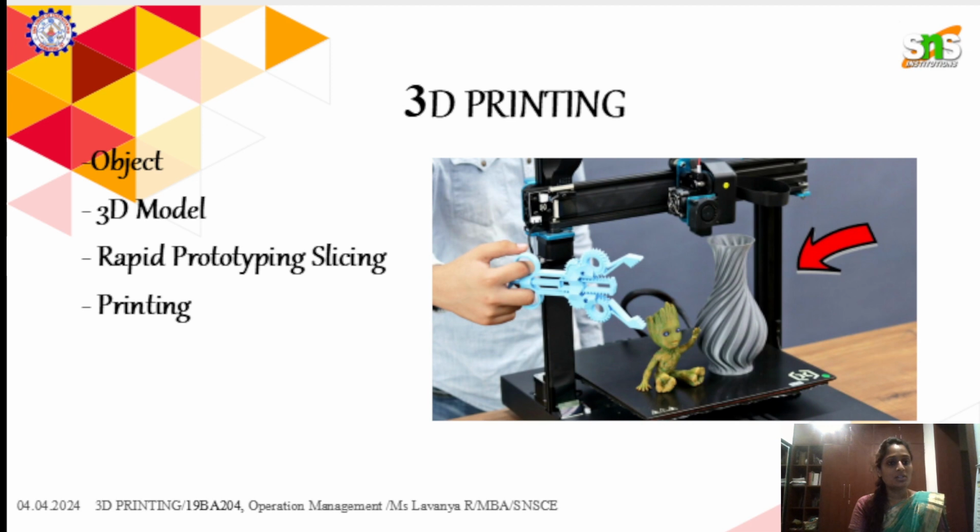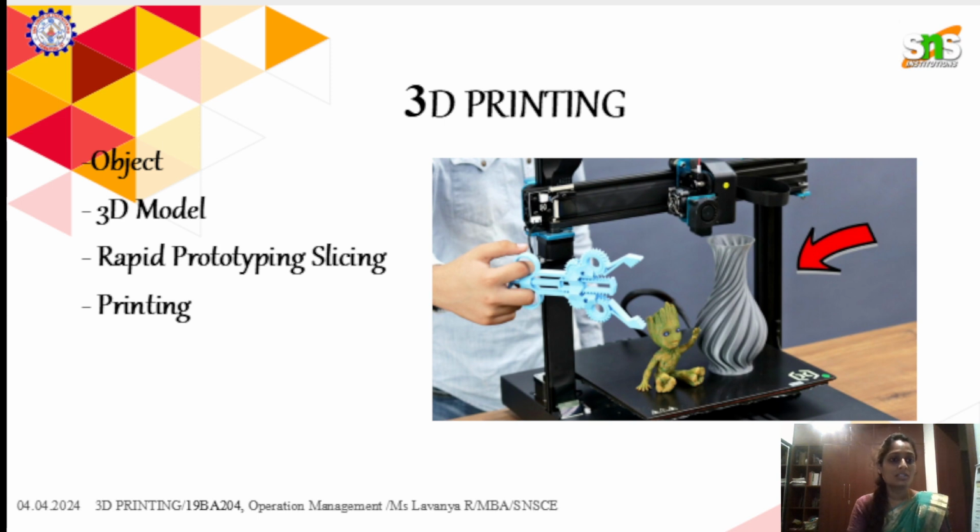This 3D printing object, or 3D model, or rapid prototyping slicing, printing. So we call it sequential layering, as we saw in the previous slide. And from this slide we also got to know that not only the objects that we design using this 3D printing technology, but also 3D models will be developed using it.